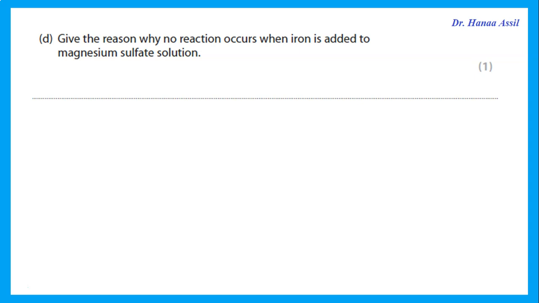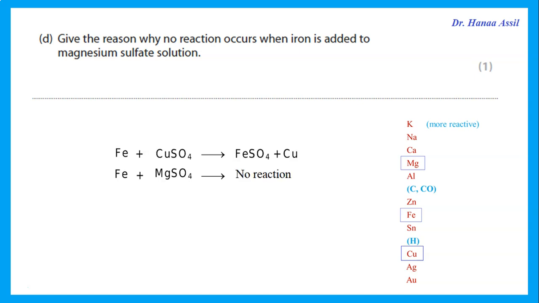Give the reason why no reaction occurs when iron is added to magnesium sulfate. So, they added iron to copper sulfate and it reacted. But when we add it to magnesium sulfate, you should realize that iron is more reactive than copper, so it will displace the copper, and that is why it turned into iron sulfate plus copper.